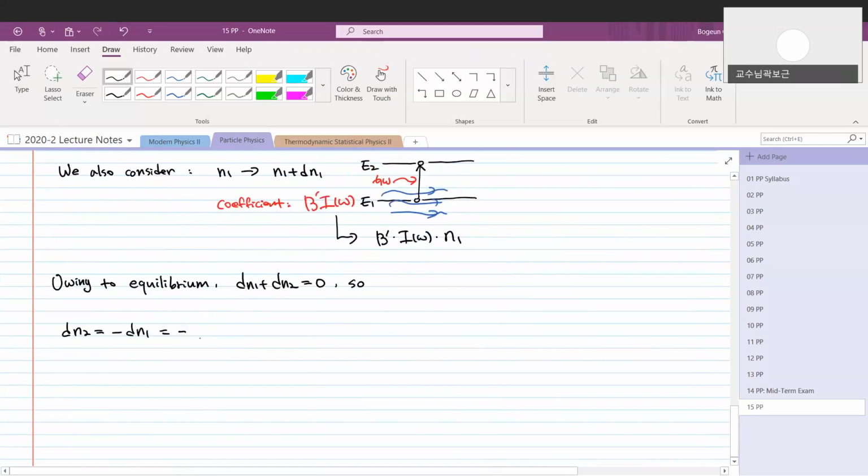And this can be written as (A plus B I omega) N2 equal to B prime I omega N1.